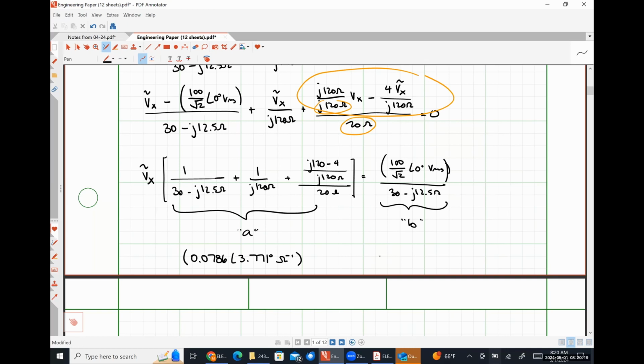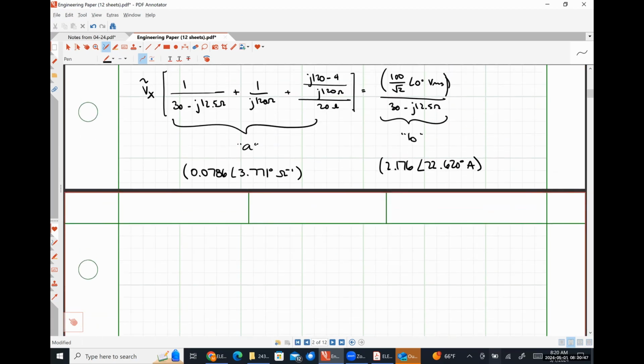That comes out to be 2.176 with an angle of 22.6198, so let's call it 22.620 degrees. And that has units of amps. Store that as B.